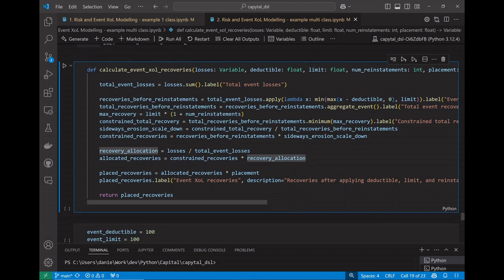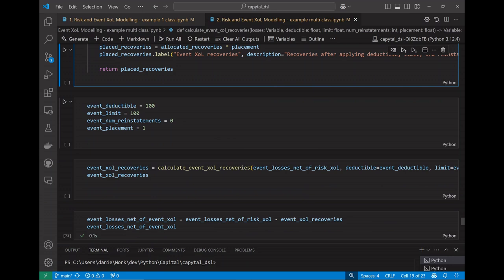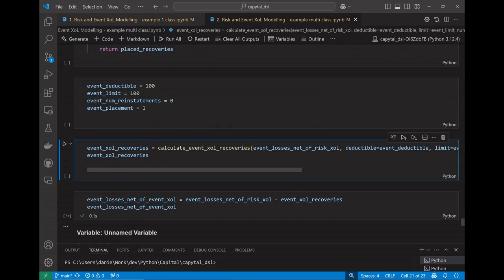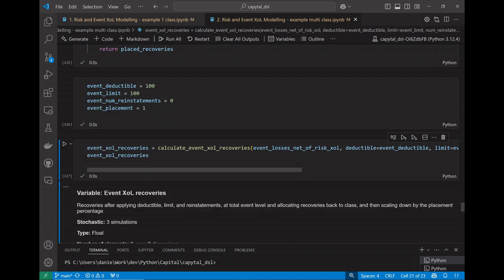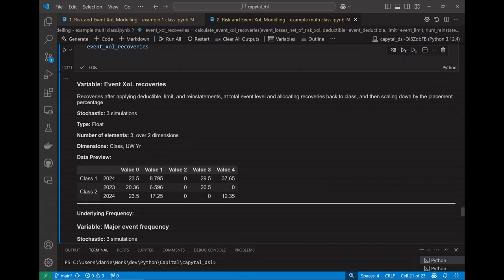So let's have a look at what that looks like if we use these layer terms and apply it to our recoveries. Here we get our event XoL recoveries. You can see they are allocated out to individual class and year.